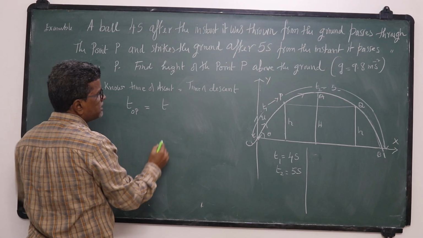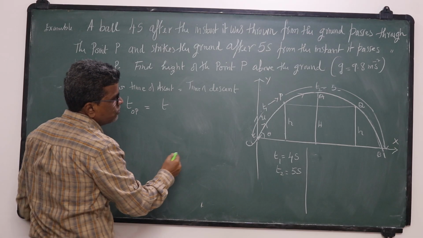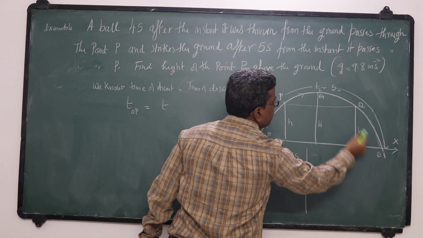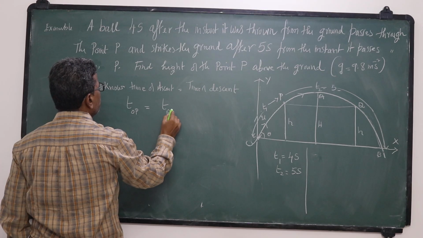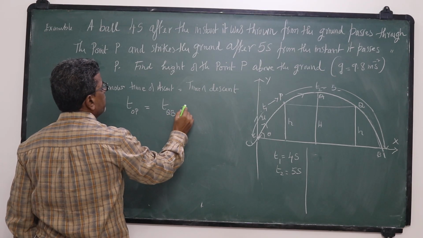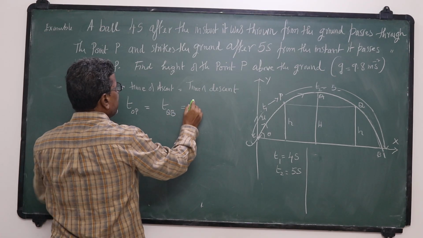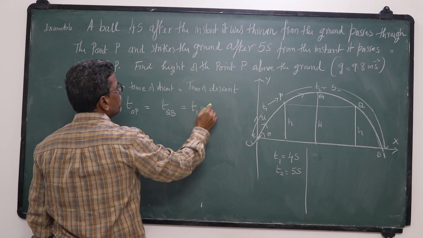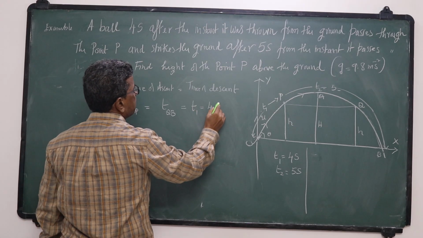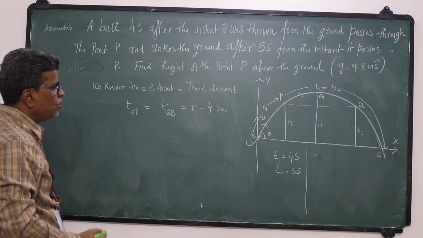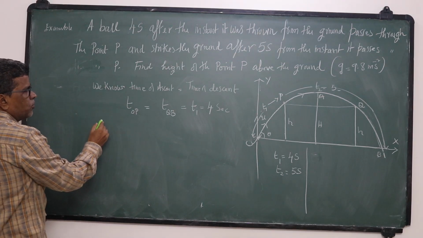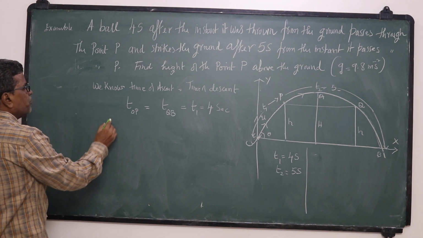The time of descent, from Q to B at the same height, is equal to t1 seconds, that is 4 seconds. Okay, clear? Now how much time is taken to go P to Q?